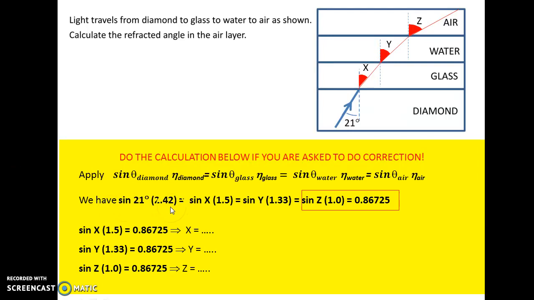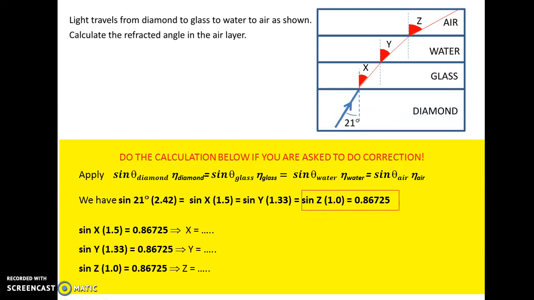Multiply them together, that will equal to that for the glass layer, that is 1.5 multiplied with the sine of the angle x. And in this way, you may carry on for the next layer, 1.33 multiplied with sine of the angle y. And that goes on equals to 1 multiplied with the sine of the angle z.